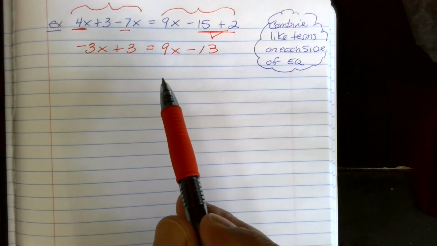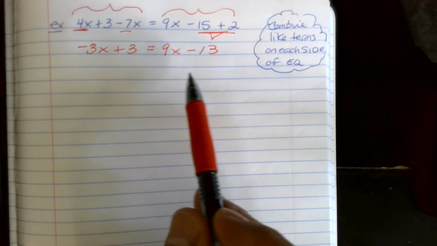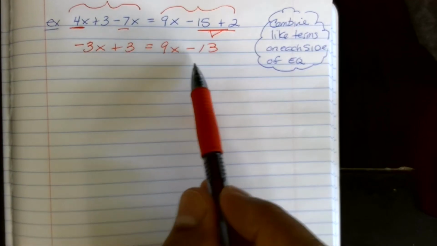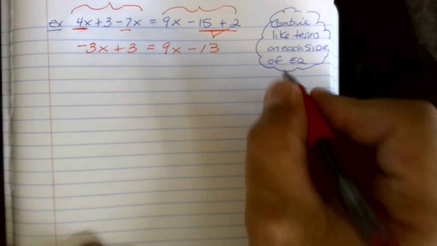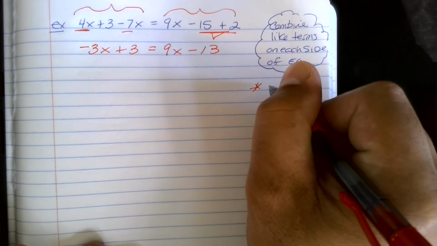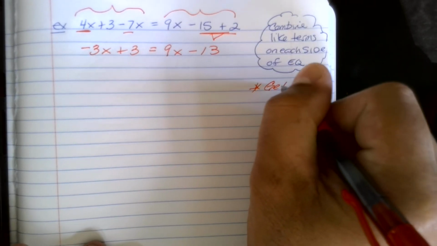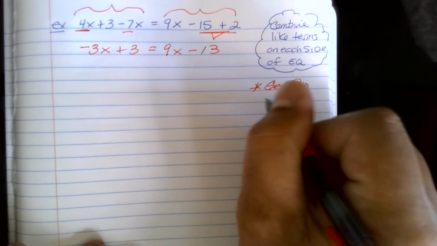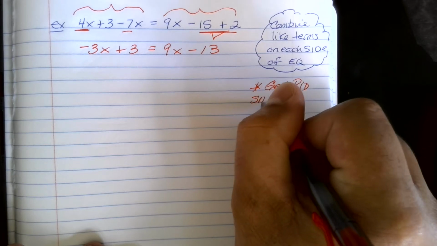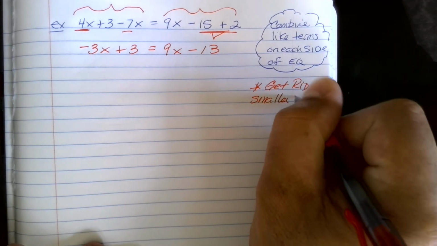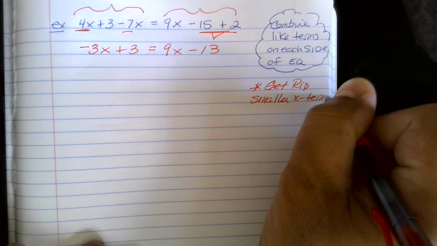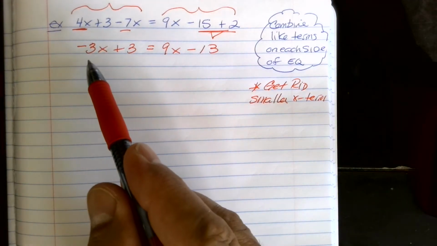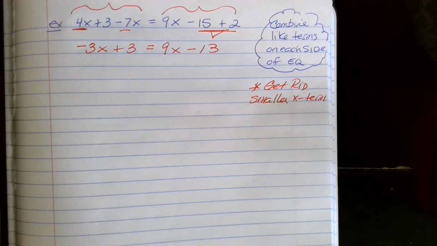My objective is to get x by itself, and in this example, we have x on both sides of the equation. I would suggest you get rid of one of the x's, and I would suggest you get rid of the smaller x term. So I have a negative 3x over here and a positive 9x.